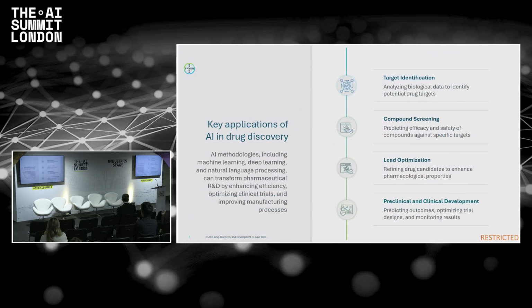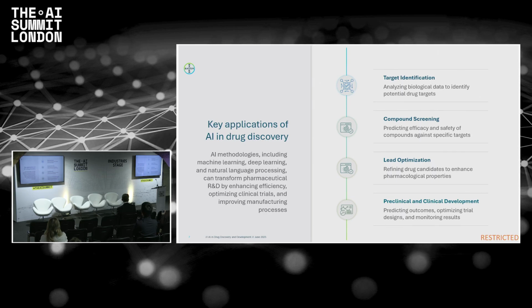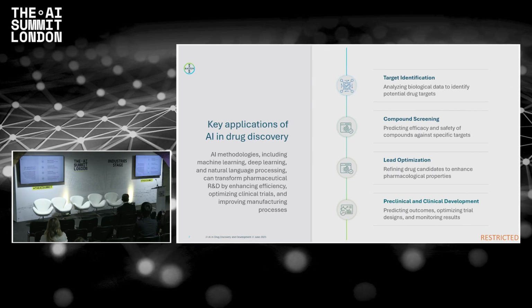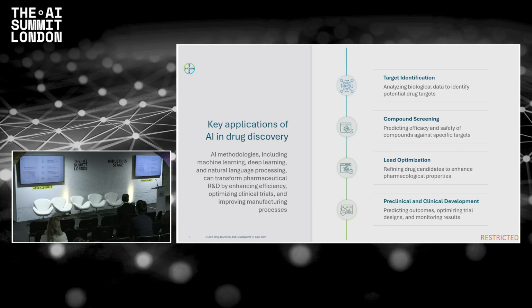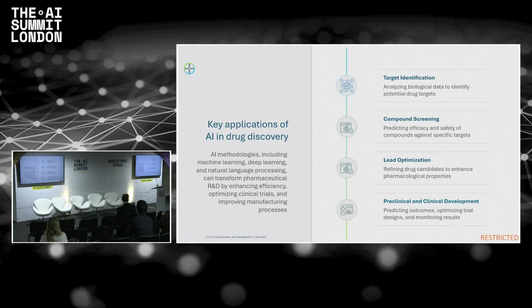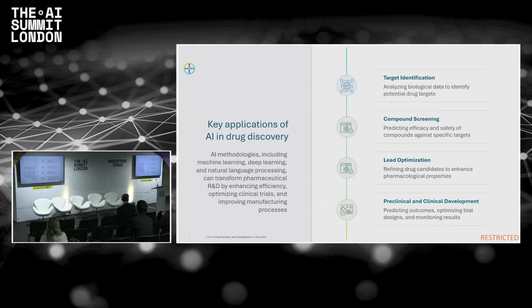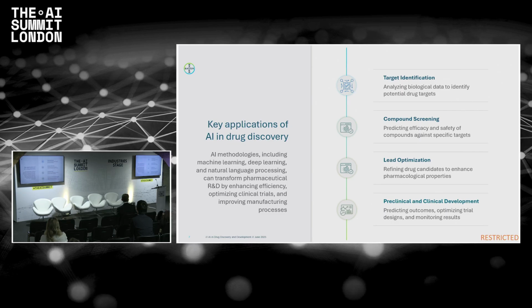Now, let's go through the core aspects of drug discovery. So we start with target identification. What are the targets? Every disease should have a pathology. Do we know all of them? Some of them. There are still areas to improve.